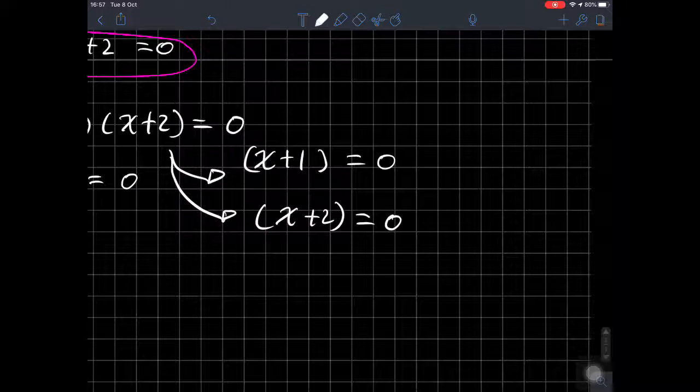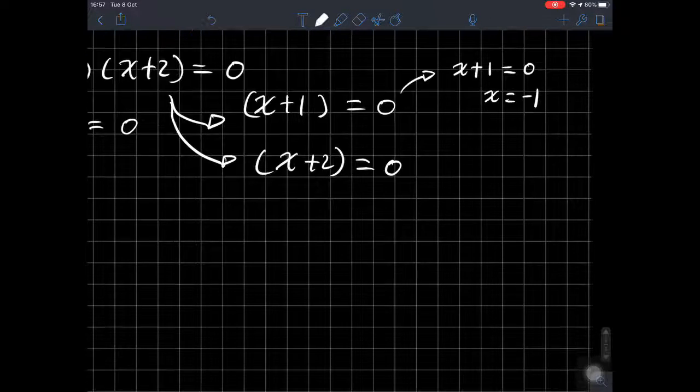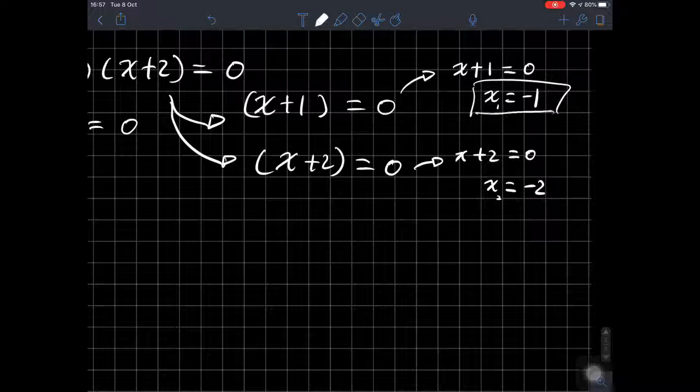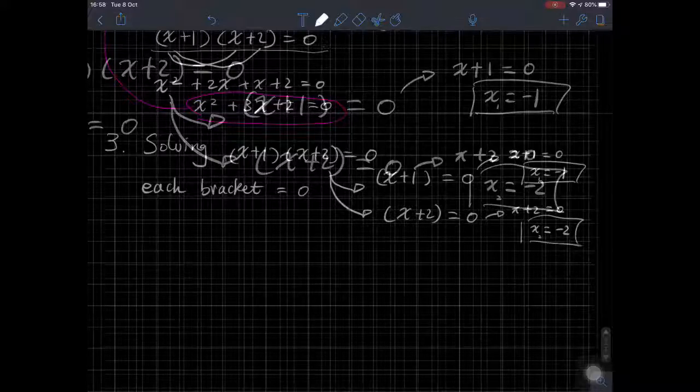We can then solve these 2 equations. Here, x plus 1 equals 0, so x must be minus 1. Here, x plus 2 equals 0, x must be minus 2. So this is x1 and this is x2. We have 2 solutions of x, minus 1 and minus 2.